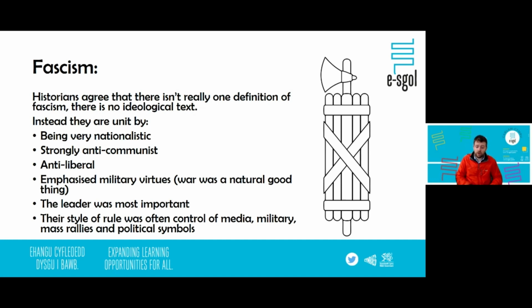They emphasised military virtues. War was a good and natural thing, they felt. The leader was most important, and their style of rule was often control of the media, military, mass rallies, and political symbols like the axe surrounded by the reeds, as you can see here, pinched, in fact, from Roman times as well.